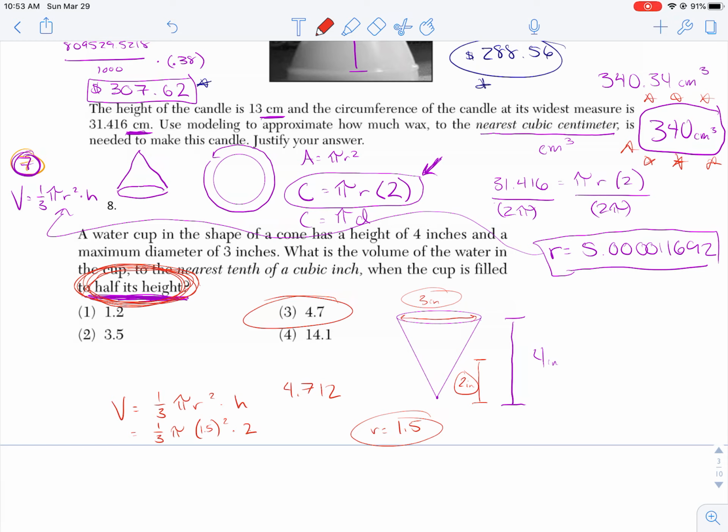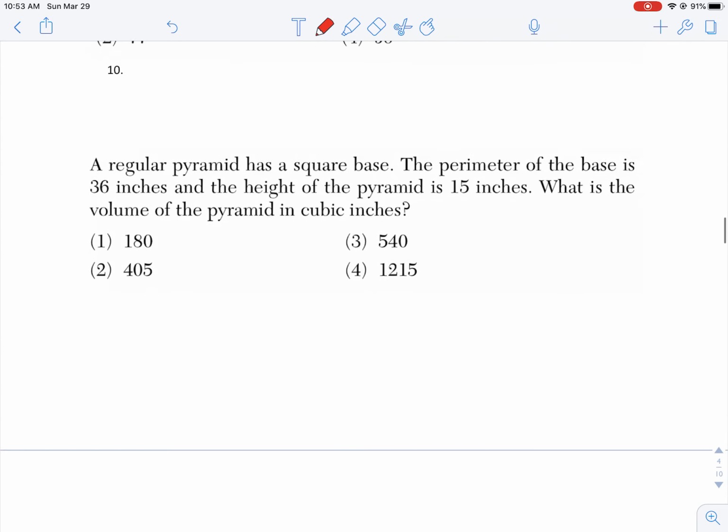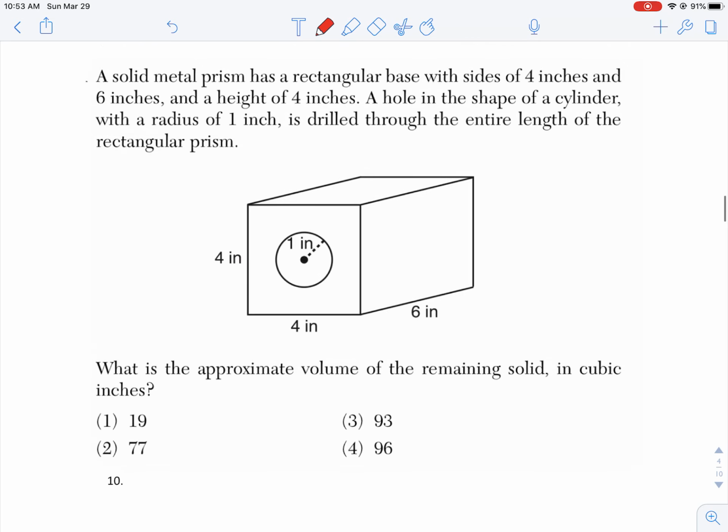I'm not too sure though. No, that's about right. That's right. We're good. That's your answer to number 8. Okay, number 9, number 10, and we'll call it a day. I don't think these last two problems are as hard as the other one.